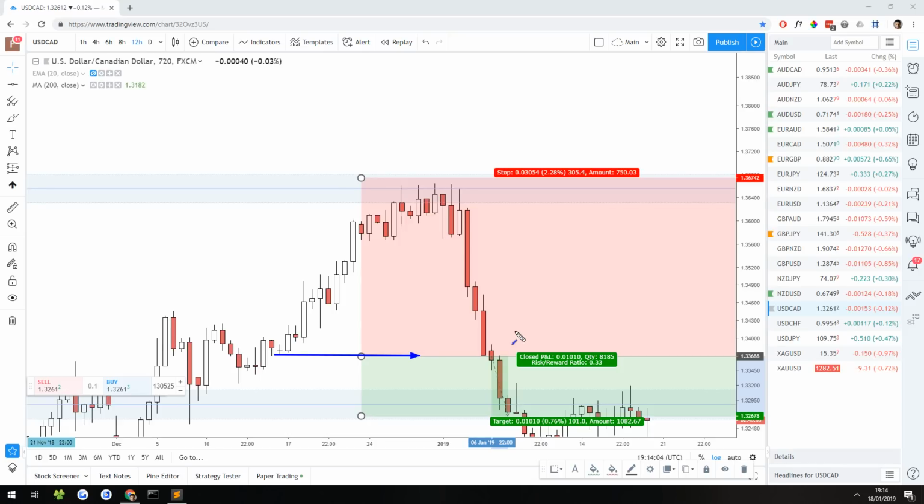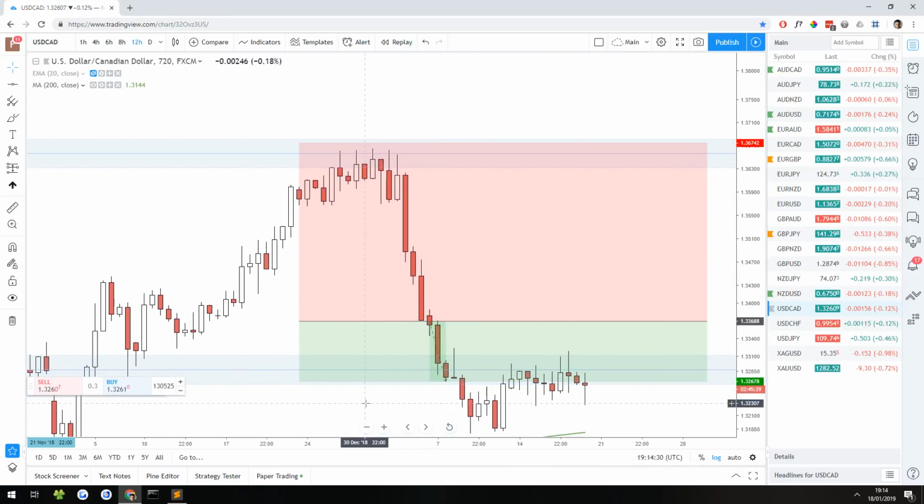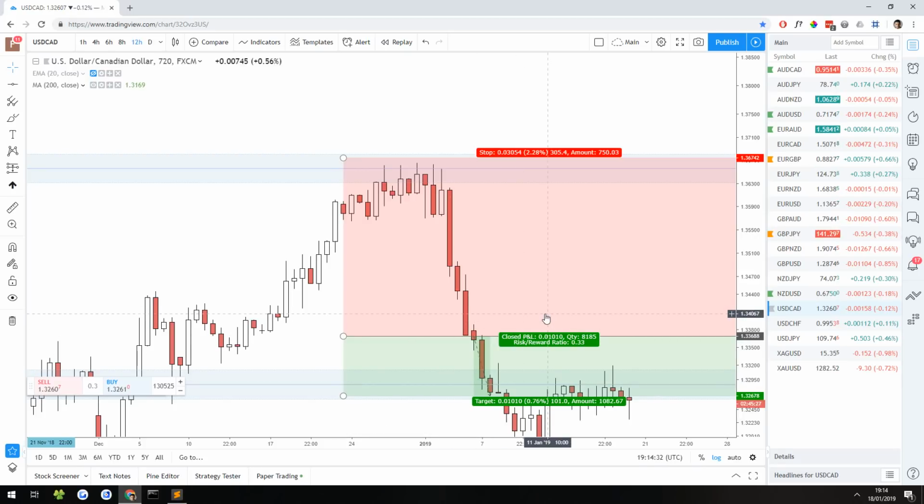By the time it gets down there, we can comfortably say it looks like sellers are in control. Obviously, this is not a viable entry because our stop loss would be gigantic and we wouldn't have much opportunity for a decent target. So that's not a viable entry. But what I'm trying to illustrate is that the further away it is from the resistance area, the stronger a signal it is that sellers are in control of price.